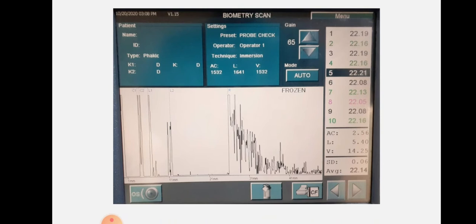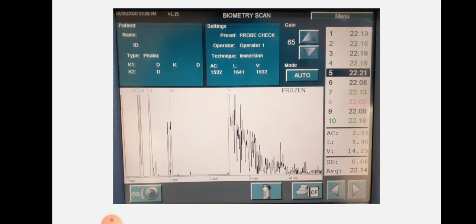In a normal patient, to measure the axial length, we keep the gain at about 60 to 66, and if the person has a hypermature cataract or total cataract, then we need to increase the gain above 70. Sometimes it can be 76%, 75%, or 74%. The higher the gain, the higher the spike and the higher the penetrating power of the ultrasound.